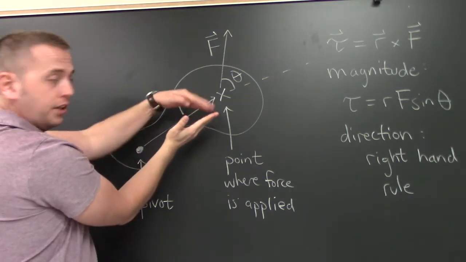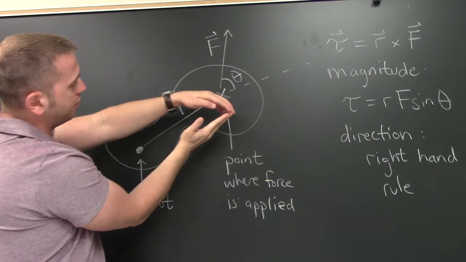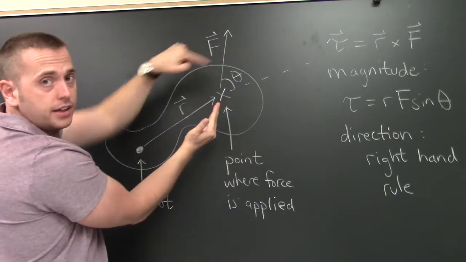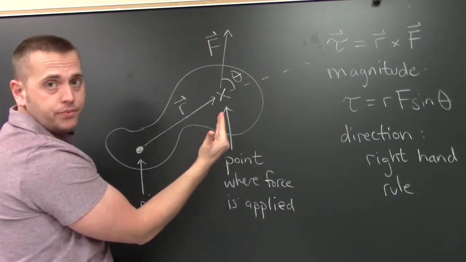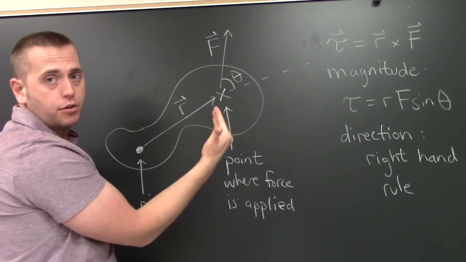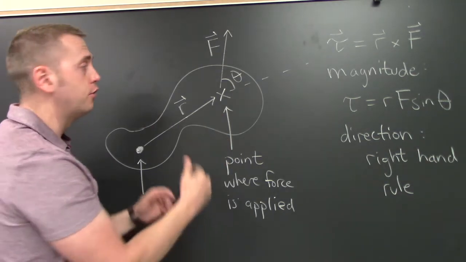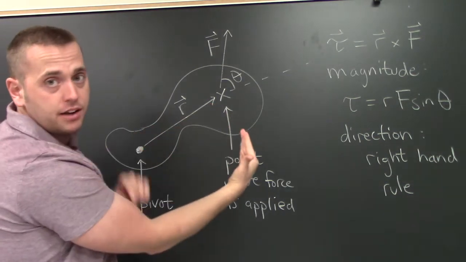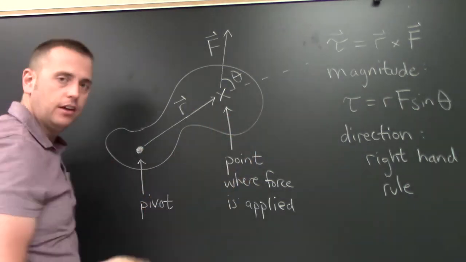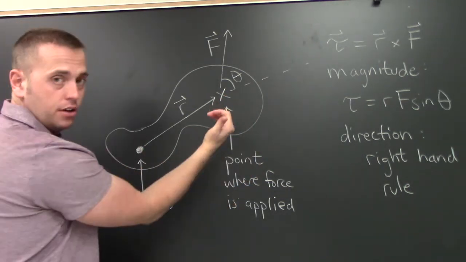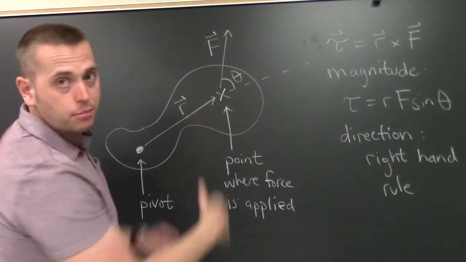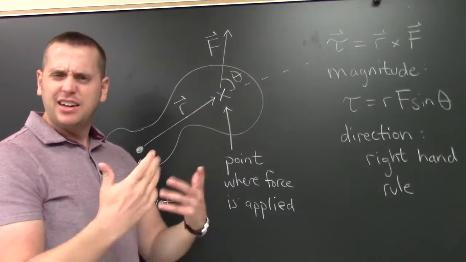And then you curl the fingers of your right hand in the direction of that second vector, which is F, like this. Now your thumb is going to be pointing in the direction of the cross product. So in this case, the torque is going out of the page, like this. Your thumb is pointing in the direction of the torque, which in this case is out of the board, like that.